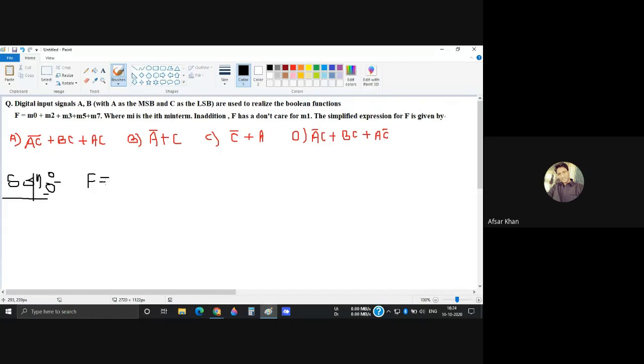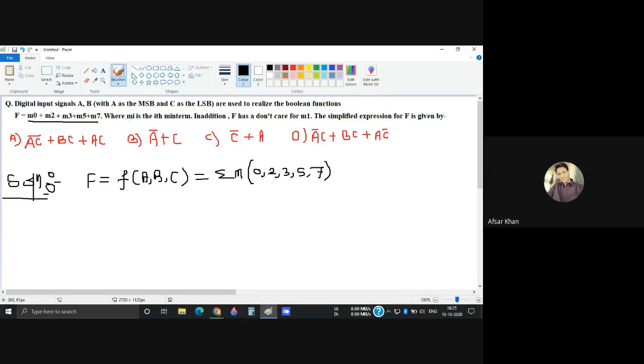So here f is a function of your variables A, B, C, which equals sigma m. Tell me which are the minterms, students? 0, 2, 3, 5, and 7.